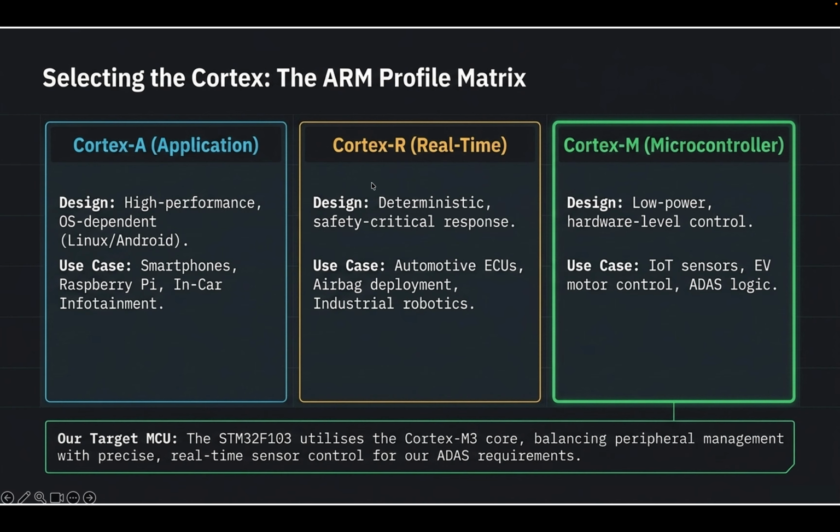And ARM Cortex R is very critical because these are used in higher places like automated EV, and in emergency real-time embedded systems.